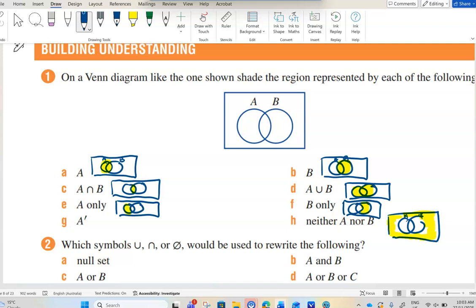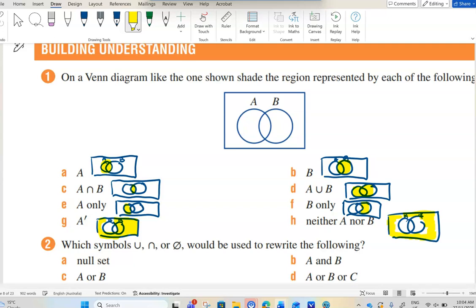And remember, this dash is everything that's not A. So if I'm calling the first circle A and the second circle B, everything that's not A would be part of that B circle and also the outside.